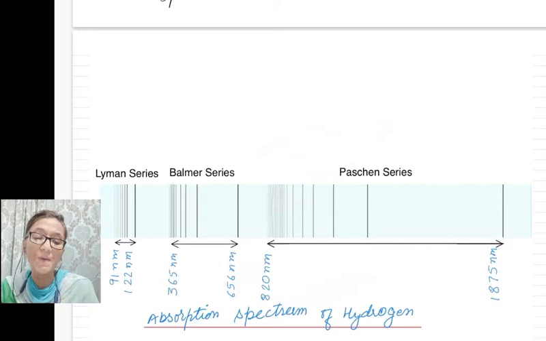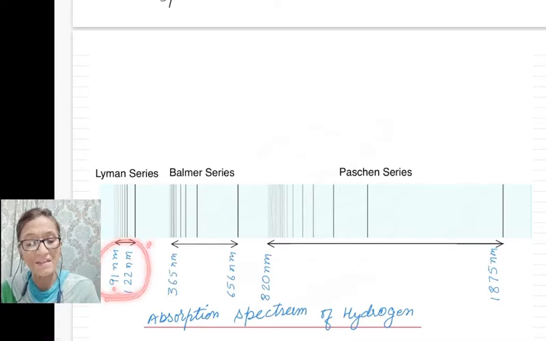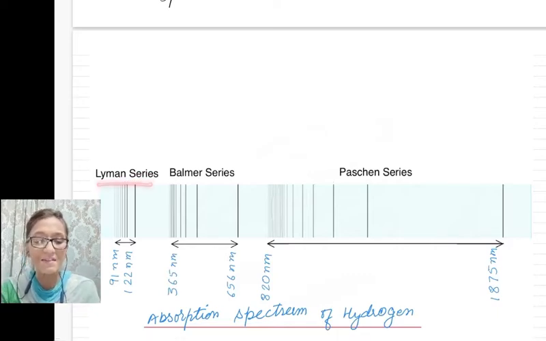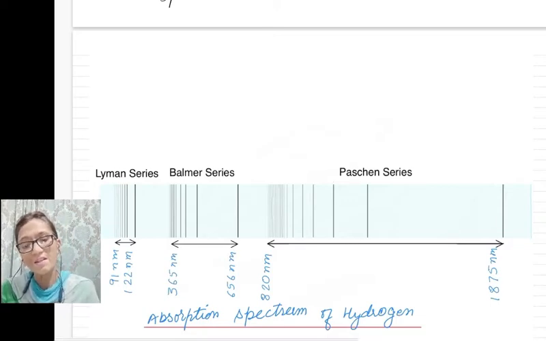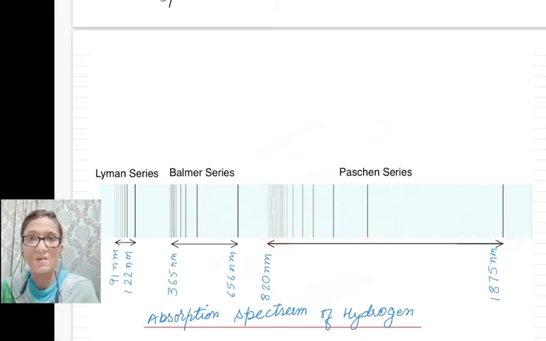Now you have so many spectral series. Here you have visible range up to this, then Lyman series, small wavelength you can see. Small wavelength means high frequency. When wavelength is small, frequency is high, and this falls in ultraviolet region. Lyman series is a spectral series in the ultraviolet region, and this is your Paschen series. Brackett series I have not made.